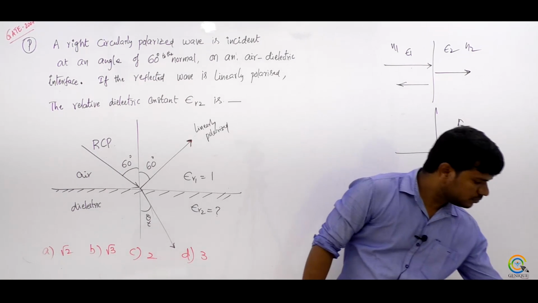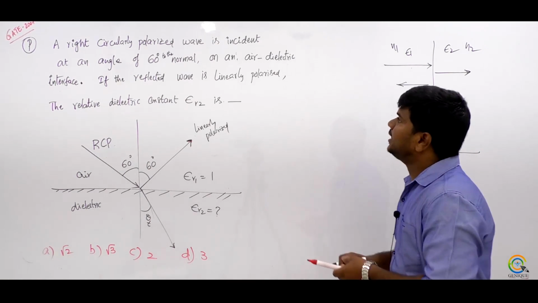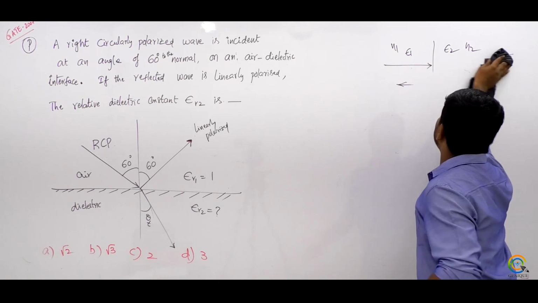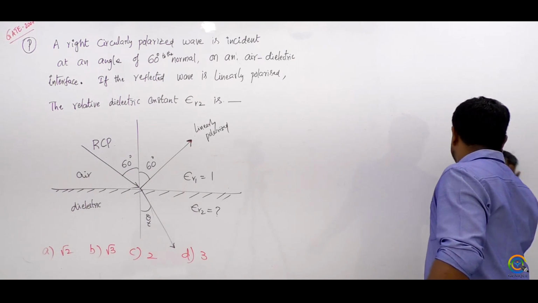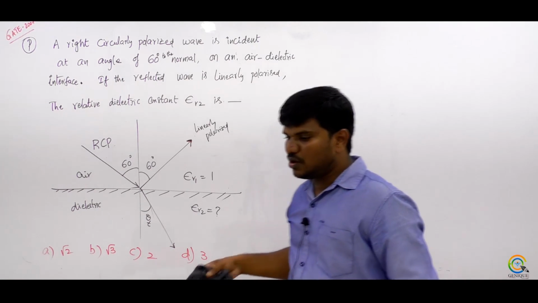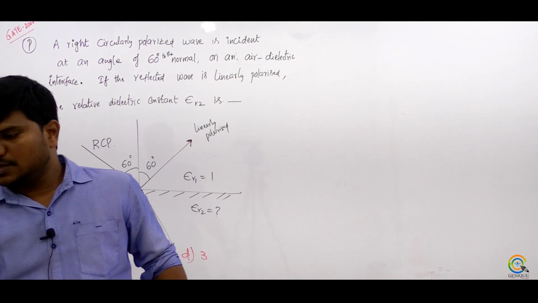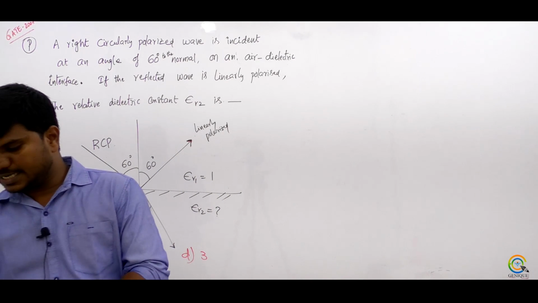Now the thing is, here it is obliquely incident. It is making an angle with respect to the normal. So if it is making an angle with respect to the normal, we have to go for the oblique incidence case.